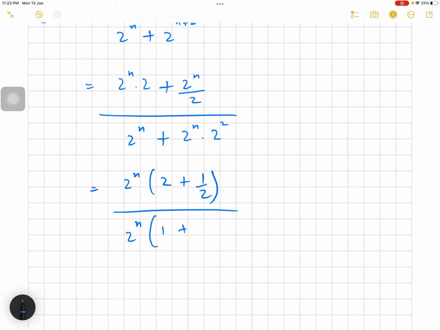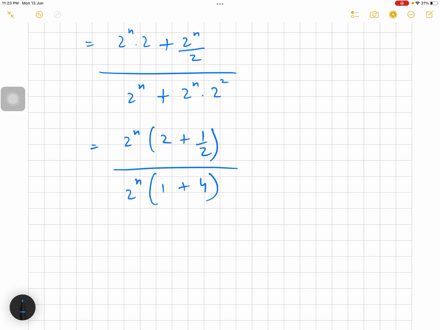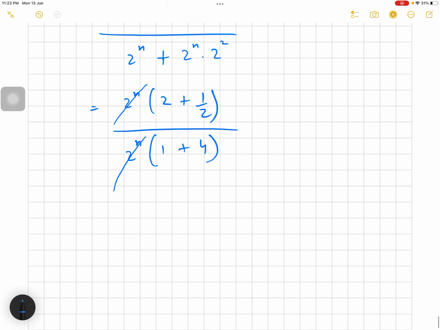So 2 raised to n, I'll bring it out. 1 plus 2 raised to 2 is 4. So I can just write 1 plus 4. Okay. So now 2 raised to n I can cancel. So 2 plus 1 by 2 divided by 1 plus 4.